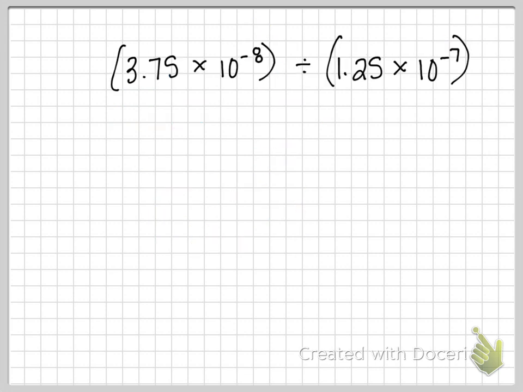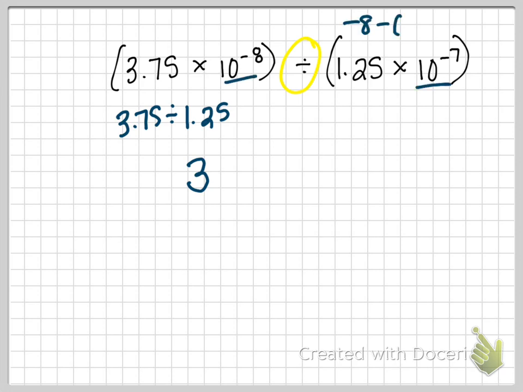First thing to check is your operation. So we are dividing. Make sure you divide. 3.75 divided by 1.25. 3.75 gives us the whole number 3. Okay? And then we're going to subtract. Be careful. -8 minus a -7.